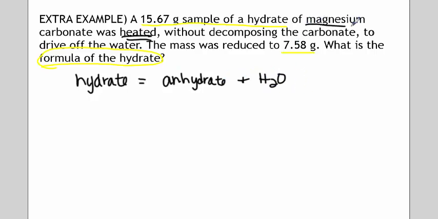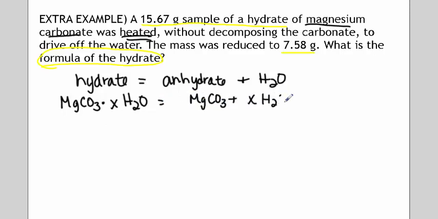In this case, our anhydrate is magnesium carbonate, MgCO3, and then we have X amount of water. We're looking for X here. We don't know how much water we have. Our information tells us that we have a 15.67 gram sample of the hydrate, so this hydrate was 15.67 grams.